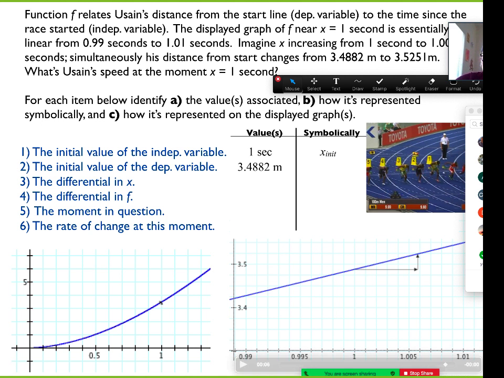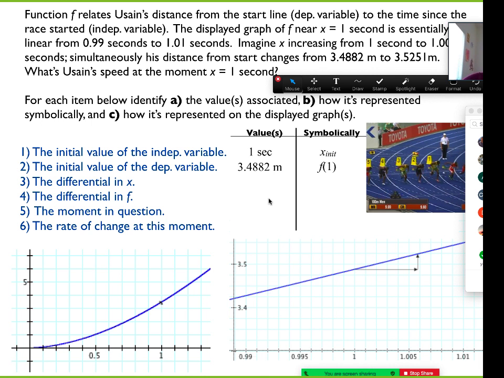And then how would we represent that? It could be y initial. And so remember that this distance-time function is function f. So it'd be f of x initial, right? F of x initial. Just f of 1. Yeah, good. So f of 1, right?